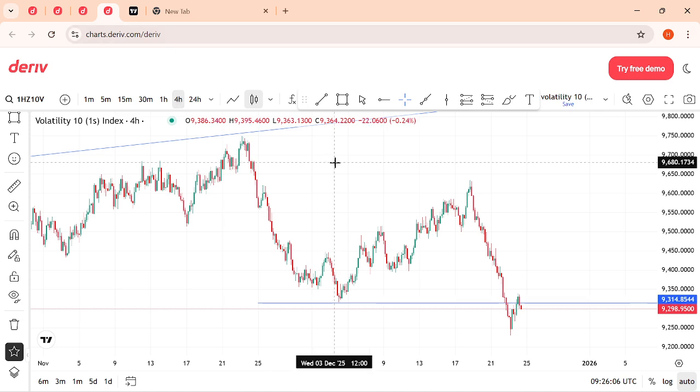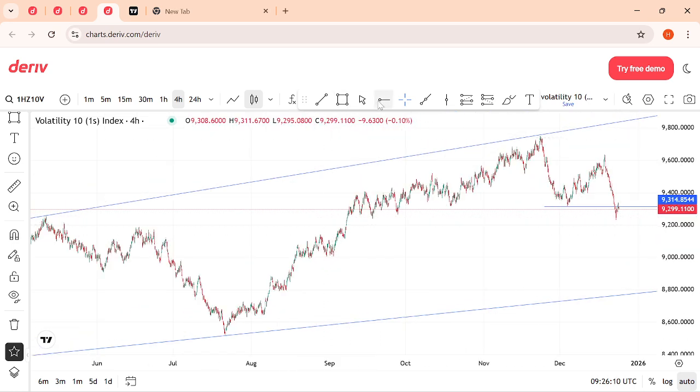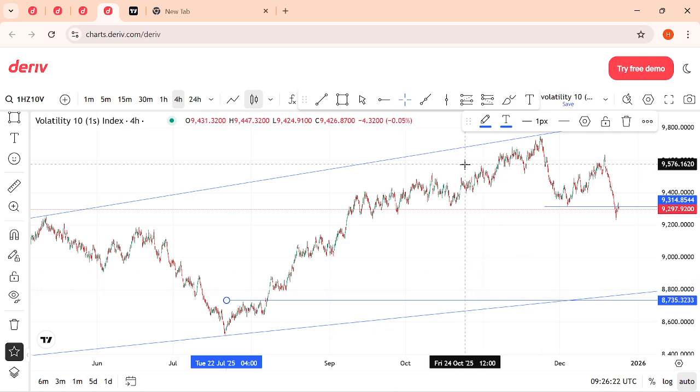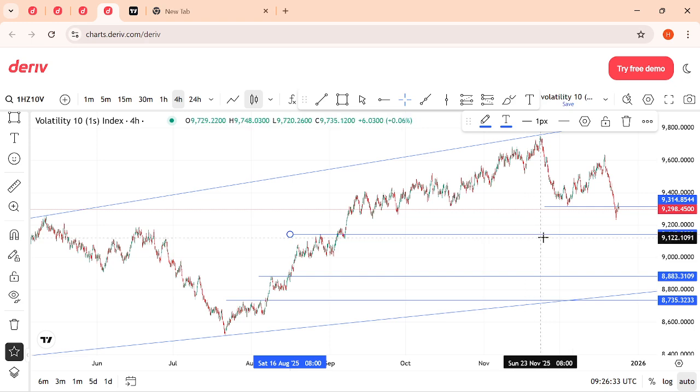It's very, very clear here. On the 4-hour time frame, I would mark out all of these levels. We have this one, and we would expect that price reacts within any of these levels. We have this area here, which is the nearest to this price, and we also have this one here.